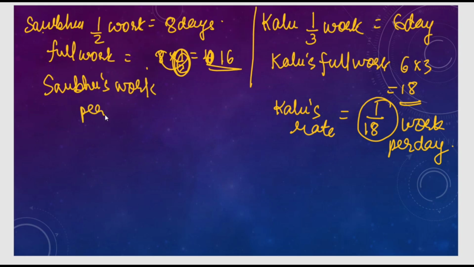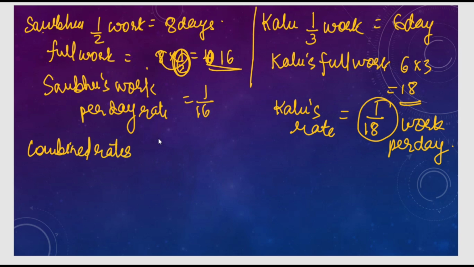Shambhu's work per day will be 1/16. Now add these two rates. Combined rate will be 1 upon 16 plus 1 upon 18. Tell me, what will the combined rate be?